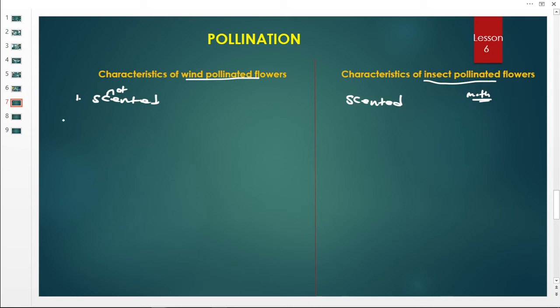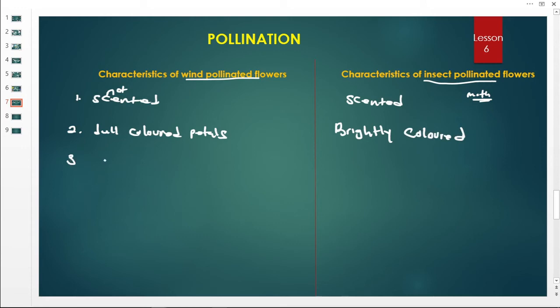Now when we come to these ones pollinated by wind, they have dull colored petals, dark colored petals, whereas these ones, the insect-pollinated, have brightly colored petals. Then these ones, the wind-pollinated, are small and cannot easily be seen.